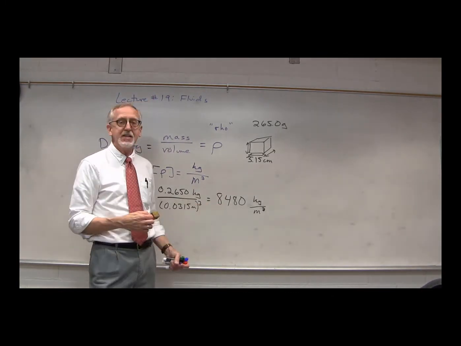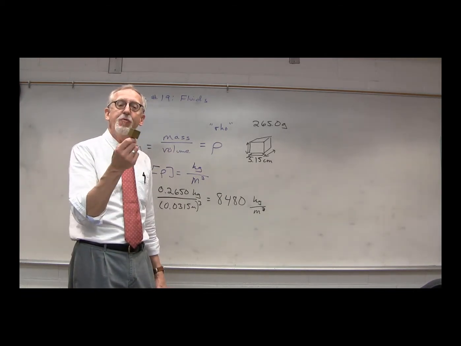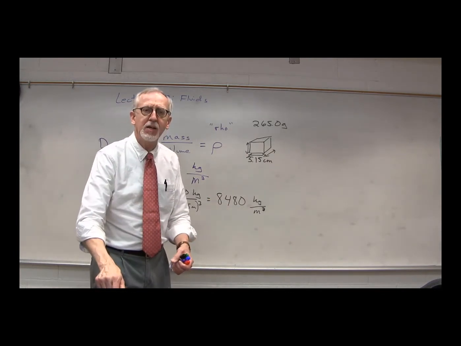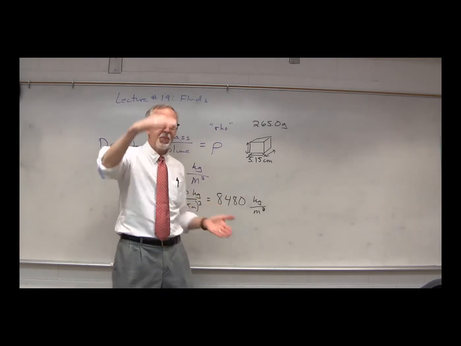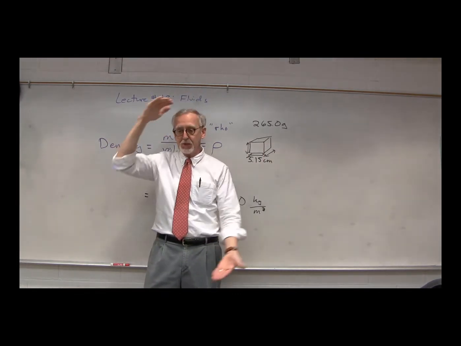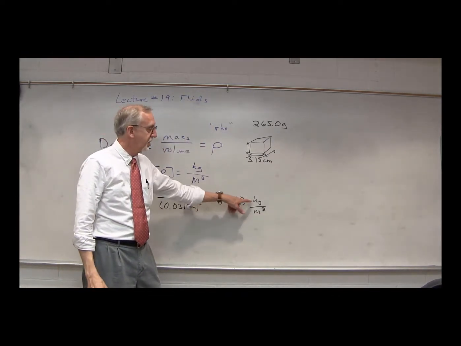What this is basically telling us is that for this type of brass, if we had a sample that was 1 cubic meter, now, how much is 1 cubic meter? That would be 1 meter by 1 meter by 1 meter. That would be a huge piece of brass. If we had that much brass, it would have a mass of 8,480 kilograms.